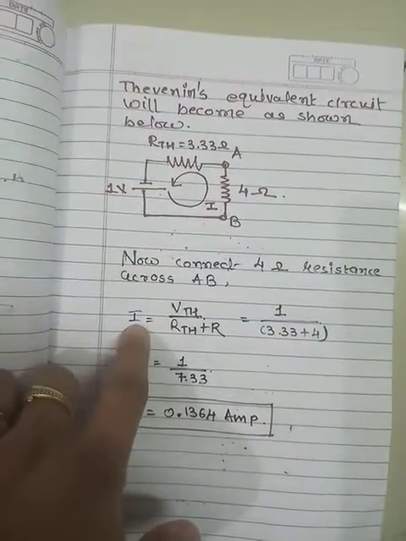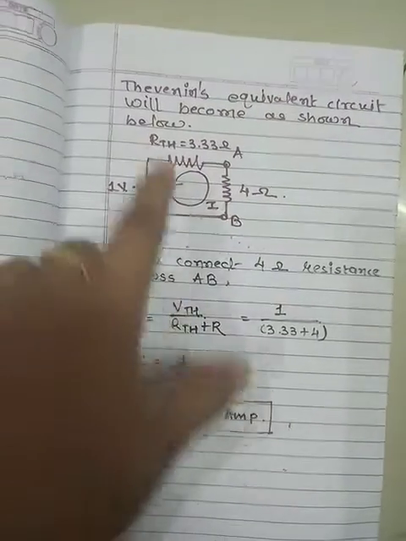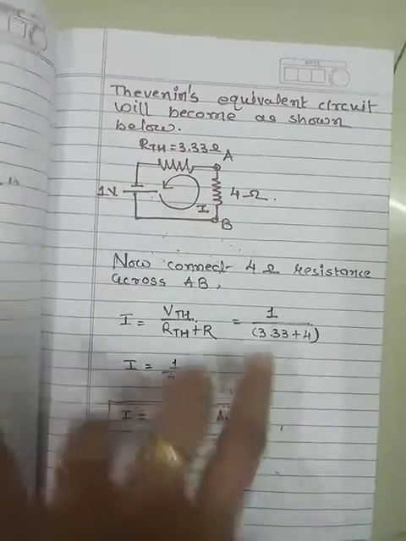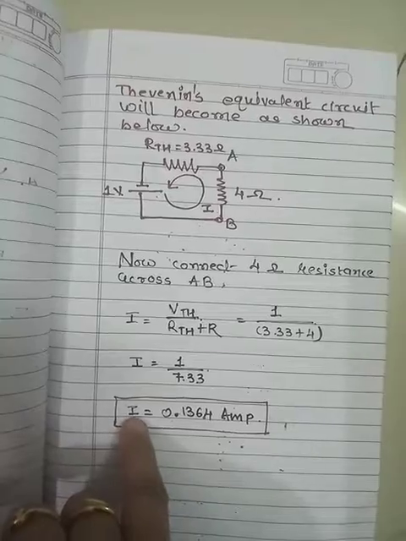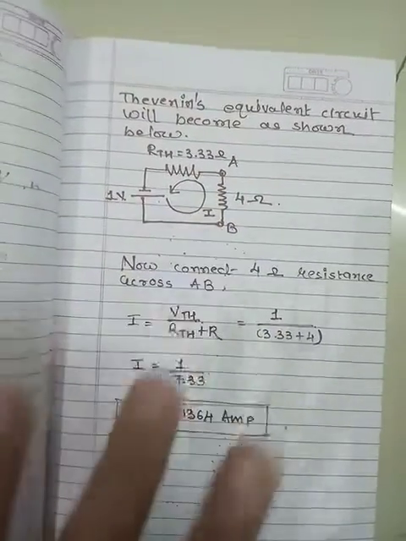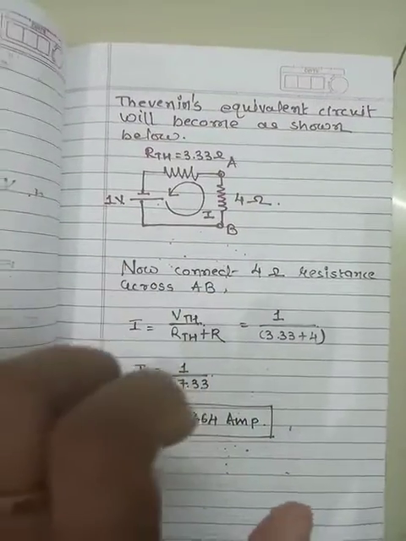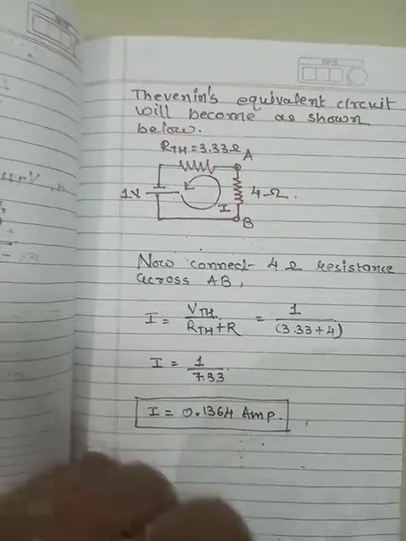The value of I, or IL, is VTH upon RTH plus 4 ohm, because both resistors are in series. Substitute the values and finally you will find the current I flowing through the 4 ohm resistance. This way you can apply the basics of the Thevenin theorem to find the current through a particular element of interest.